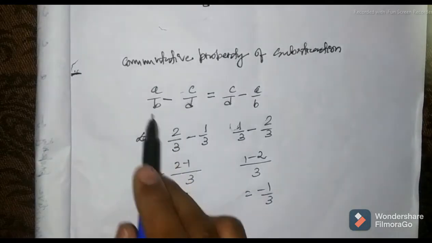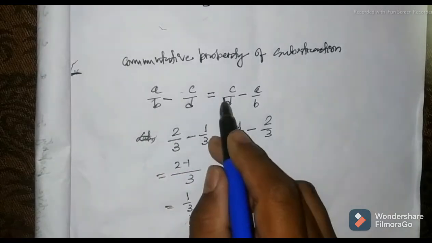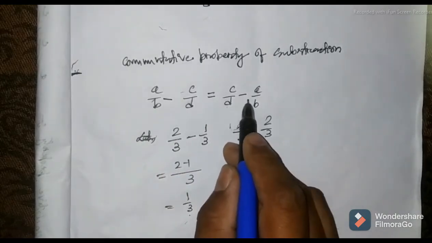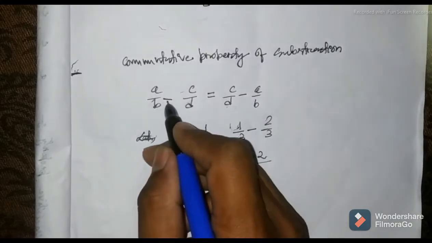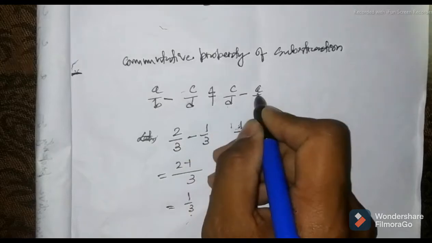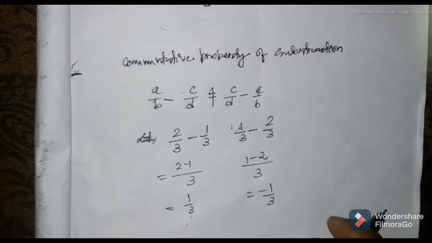So here a by b minus c by d equals 1 by 3 and c by d minus a by b equals minus 1 by 3. This is not equal to this. This means that the commutative property for subtraction is not valid.